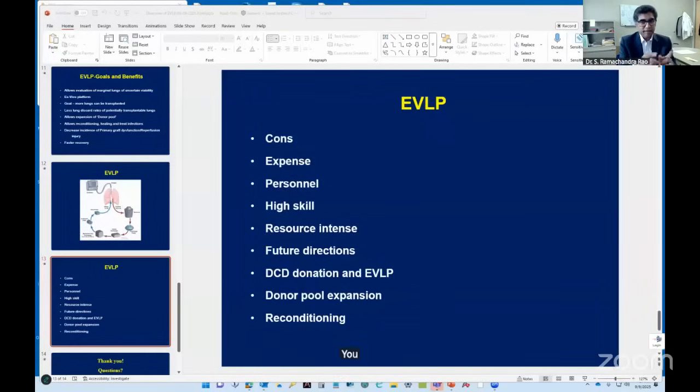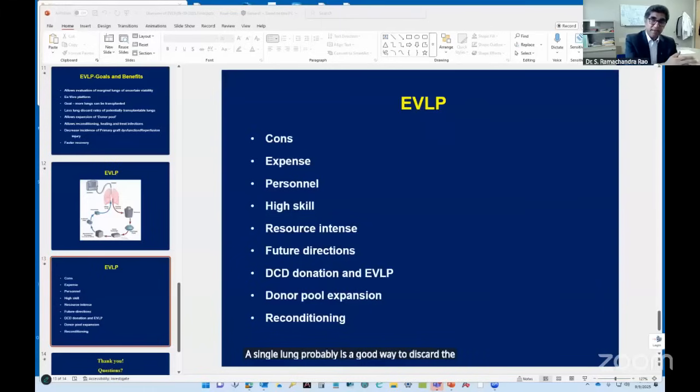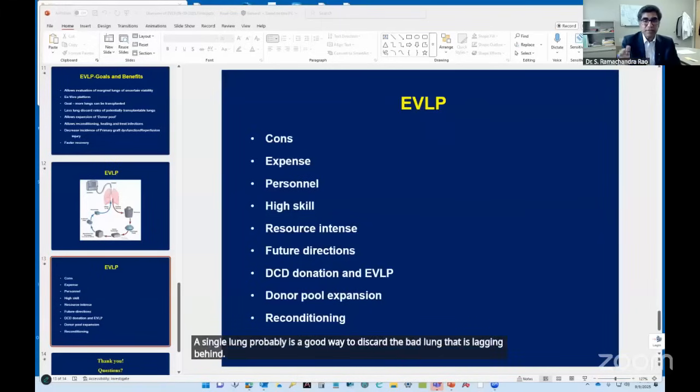You know very well that a single lung is not going to work out. In the same instance, if somebody has normal PA pressures and is a little on the older side, close to 70 or above, a single lung is probably a good way to discard the bad lung that is lagging behind, so that they can recover quickly through a short operation and a faster recovery time.